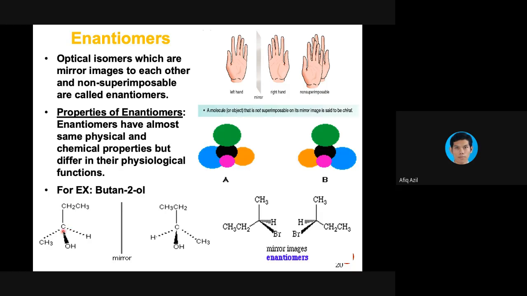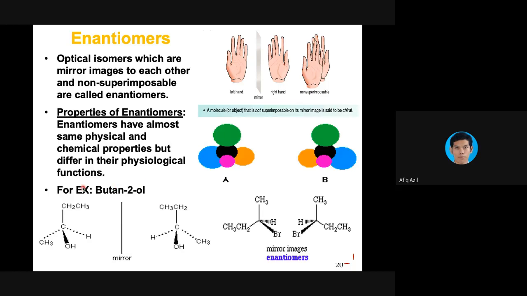Example, like this, we have butanol. Earlier in the second unit, we learned how to draw the structure of butanol or 2-butanol. So from here, you know that the position of the OH is at the second carbon.